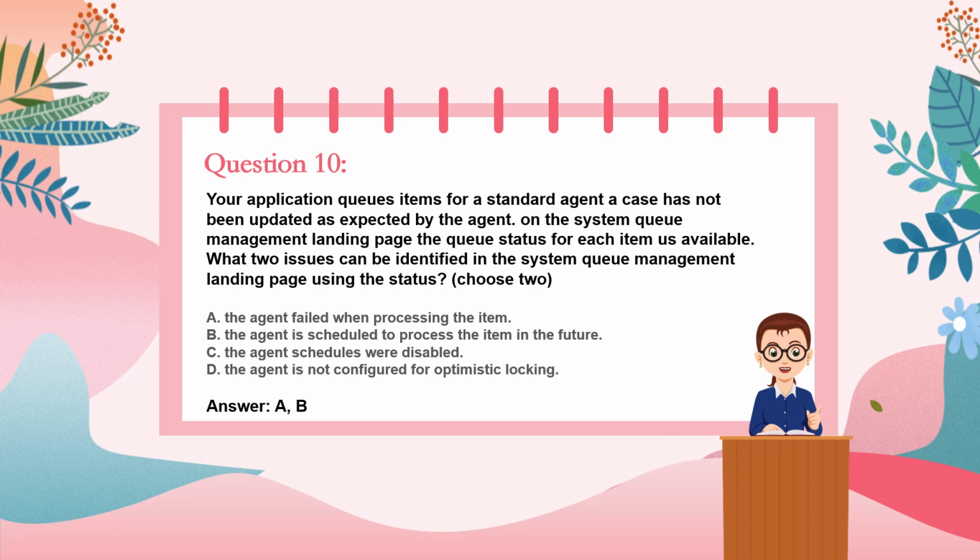Choose 2. A. The agent failed when processing the item. B. The agent is scheduled to process the item in the future. C. The agent schedules were disabled. D. The agent is not configured for optimistic locking. Answer: A, B.